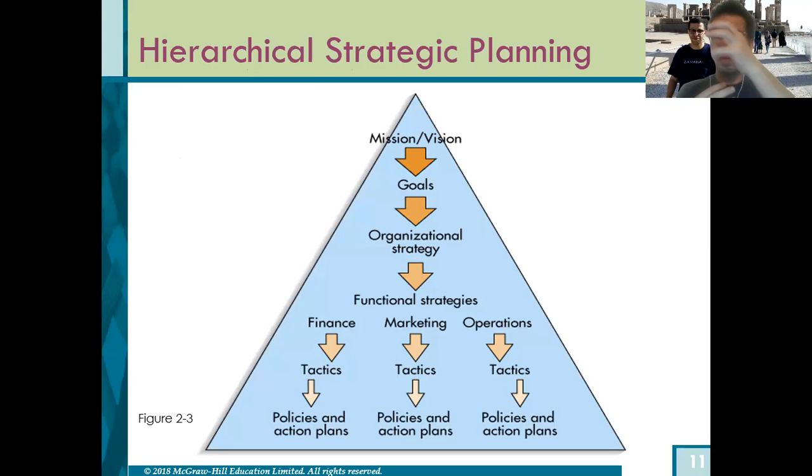And each department will do their tactics, which is their own business strategy or functional strategy. It's called tactics: policies and action plan for finance, policies and action plan for marketing, and policies and action plan for operation.